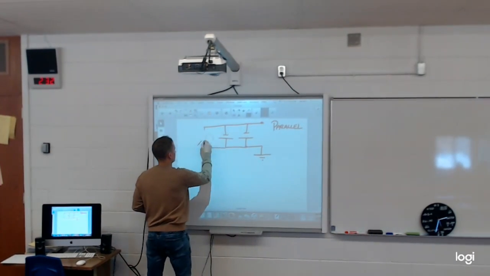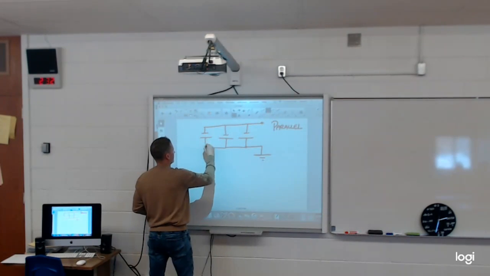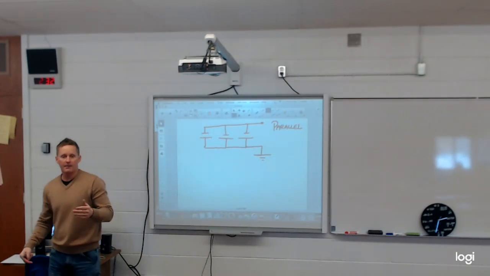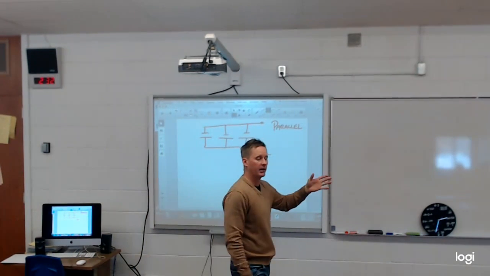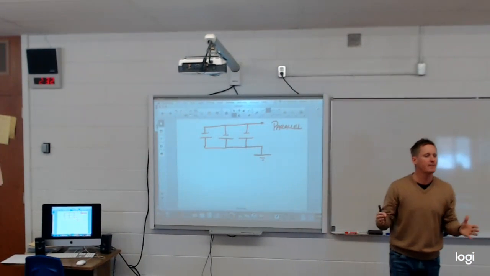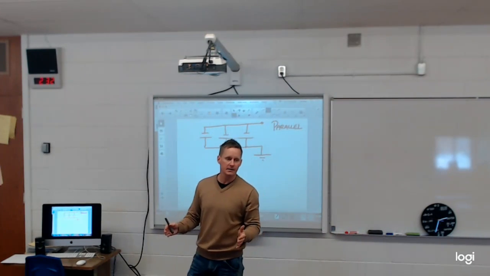Now, my example that I use for this is those icicle lights. But if you golf, the electric golf cart, there's 6 batteries in the electric golf cart, correct? They're connected in series.